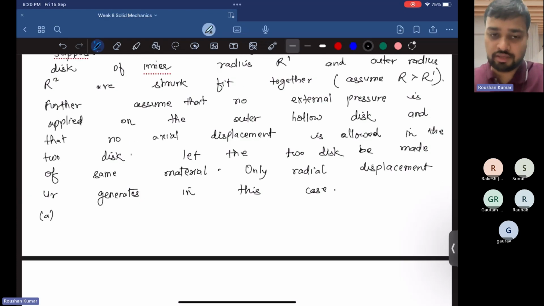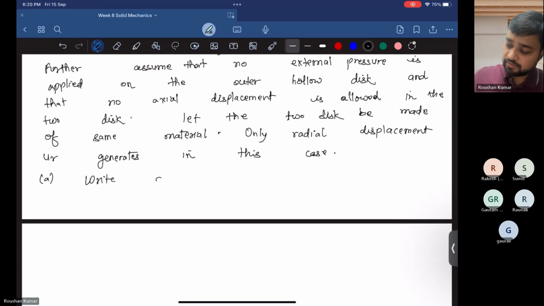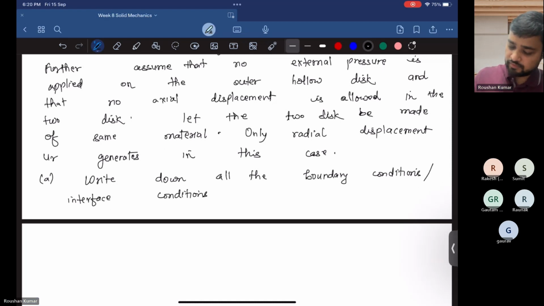So basically this question has 3 parts. The first part is: write down all the boundary conditions and interface conditions required to obtain the variation in radial stress sigma rr in the two disks.